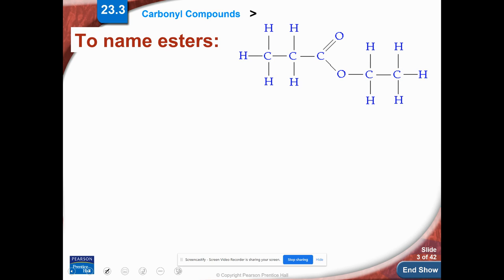So now let's look at how we're going to name esters. I forgot to mention what page we were on. That was page number 71, and now we're on page number 72. How are we going to name this thing? The first thing we're going to do is name the alkyl chain attached to the oxygen first. Where is the alkyl chain attached to the oxygen?